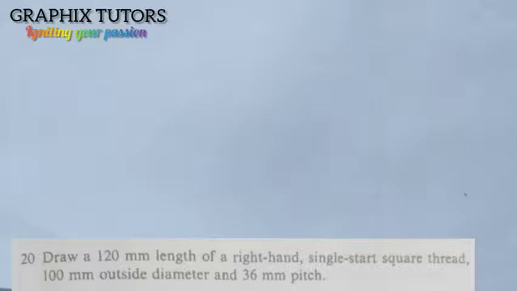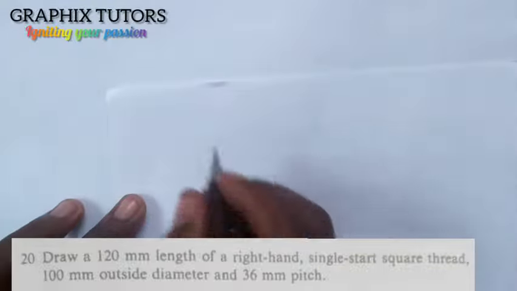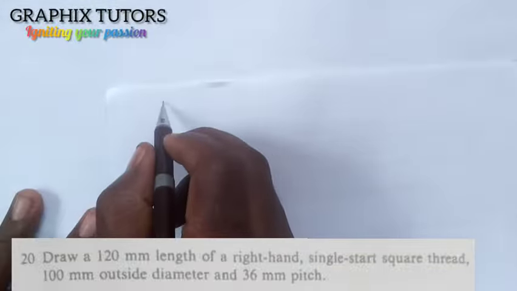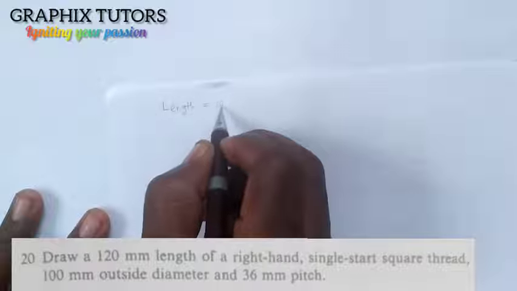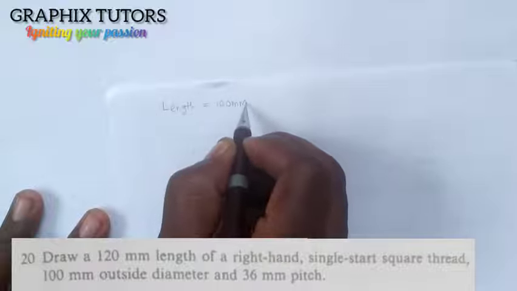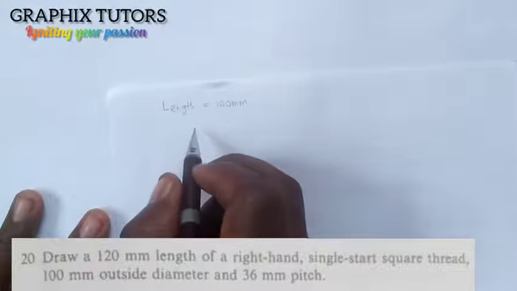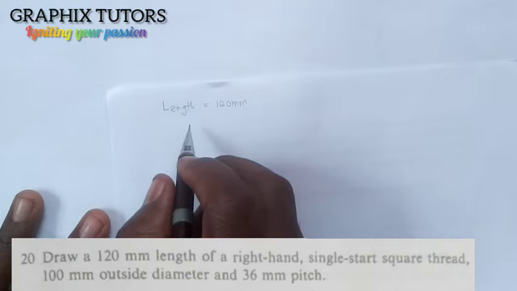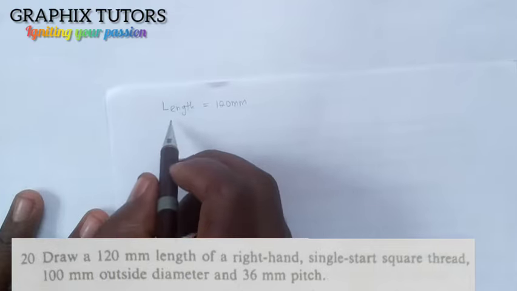Now, if I should write out my parameters, we are told that the length of the thread is given as 120 millimeter, and it is a right hand and also a single start.